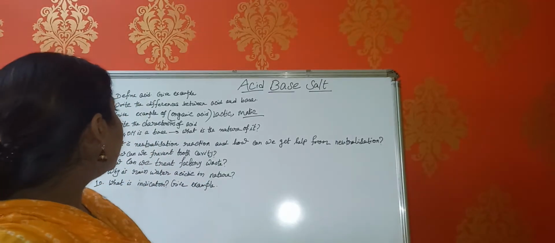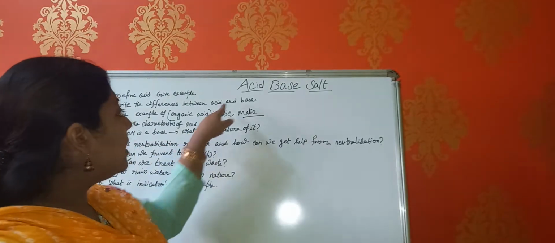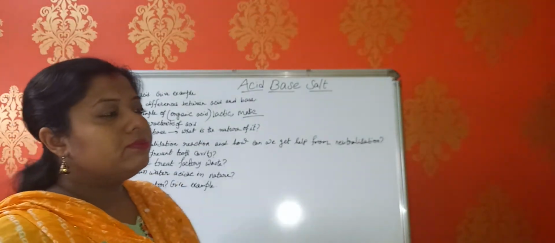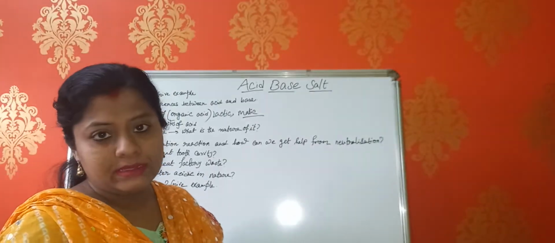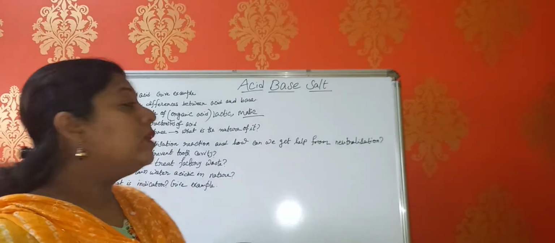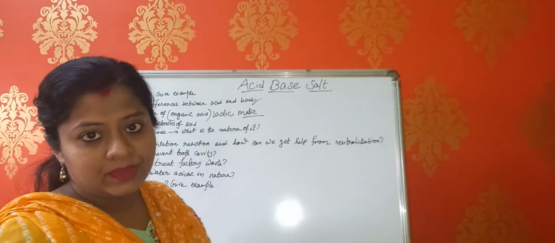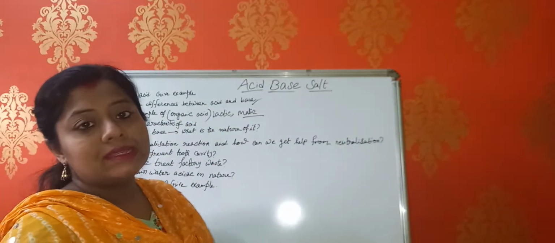Next one: write the characteristics of acid. Characteristics of acid and differences between acid and base are related; if you read one, you can easily write the other. Characteristics means all the points you wrote in question number 2. The taste of acid is sour.